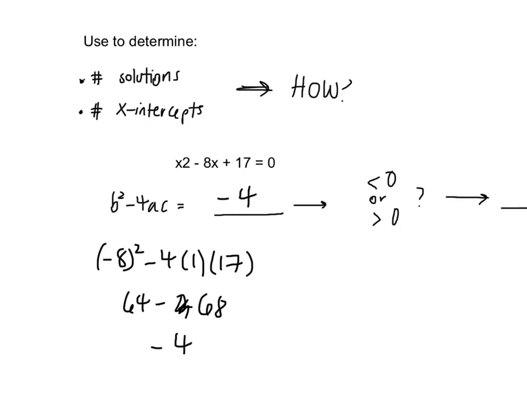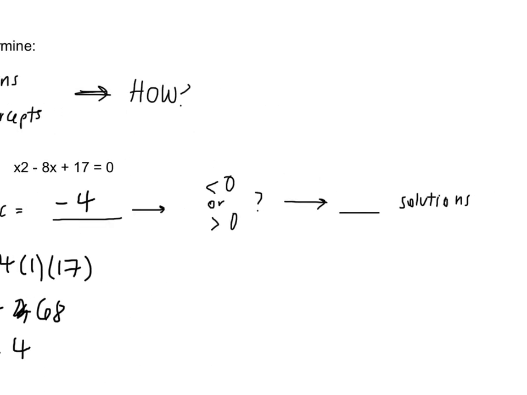And is this number greater than or less than 0? This number is less than 0. So therefore, since negative 4 is less than 0, we have two imaginary solutions. This means that there are no x-intercepts. So if we have our graph here, it would look something like this.